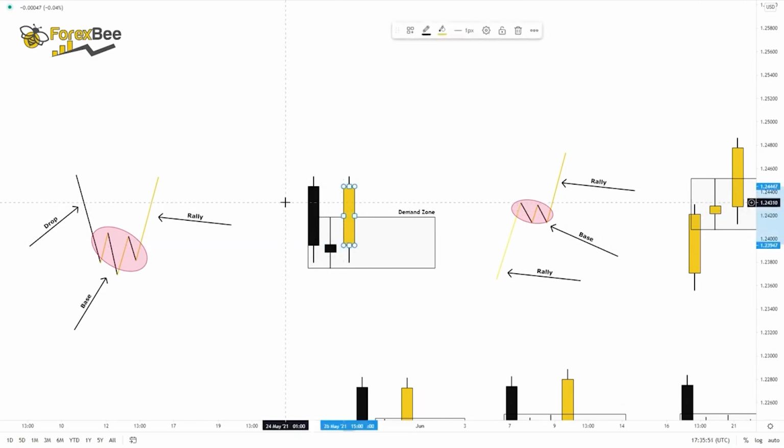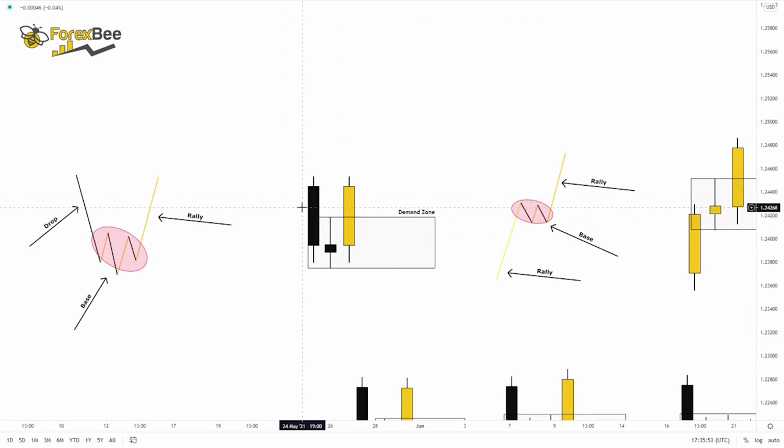The sellers were in control, and then there was more demand than supply, and the buyers took control of the market and started moving the price upward. So these are two big candles and there is one base candle. This is also a demand zone, and this demand zone is basically drop, because the price dropped here, then there's a base region, and then there's a rally region where the price moved upward.